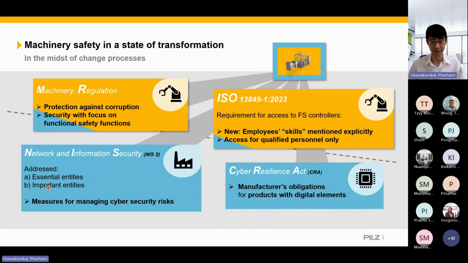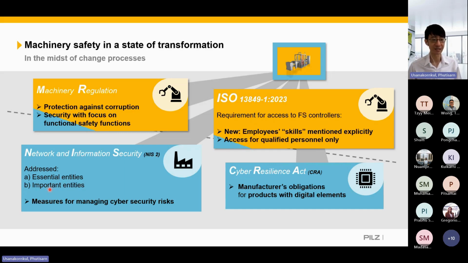It could be government related, or it could be just a private company where, if there's a cyber security risk and something goes wrong, it affects a large group of people. For example, the banking system, financial system, power plant, drinking water system, which affect a wide range of people.